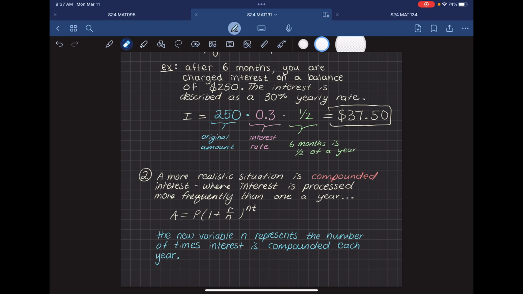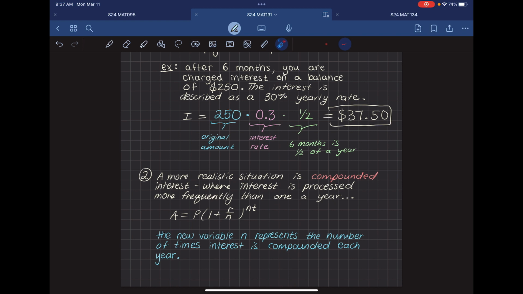So that sparks the compound interest formula. And between simple interest and compound interest, the only new variable is this n here. The n represents the number of times interest is compounded, typically each year. Our t is going to be time in years, our r is going to be our interest rate, our p is going to be our principal balance.